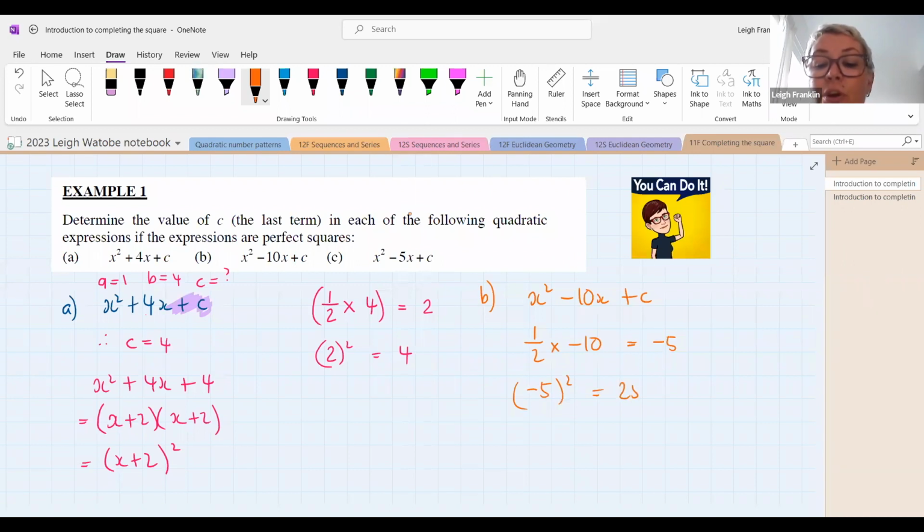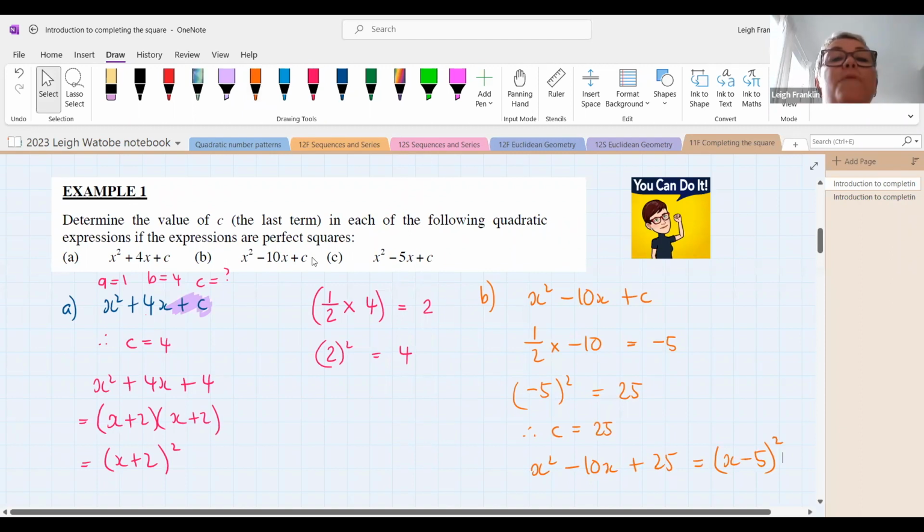That gives us 25, so the value of c is 25. Our perfect square trinomial is x squared minus 10x plus 25, and this factorizes into x minus 5 squared. So we've made it a perfect square trinomial by working out the appropriate value of c.